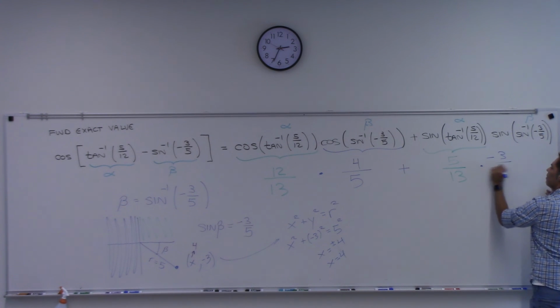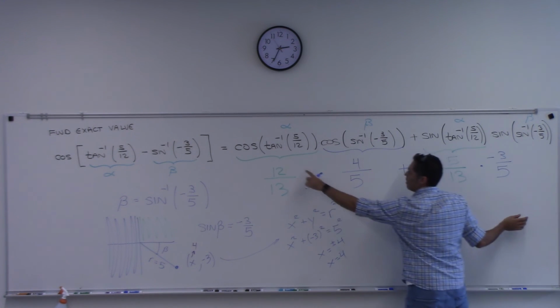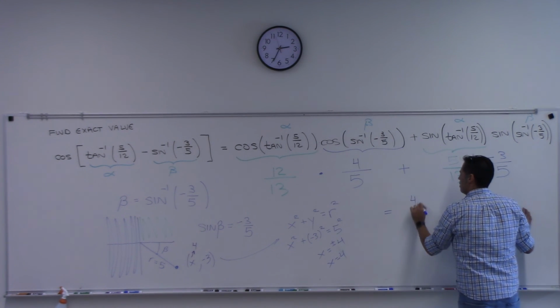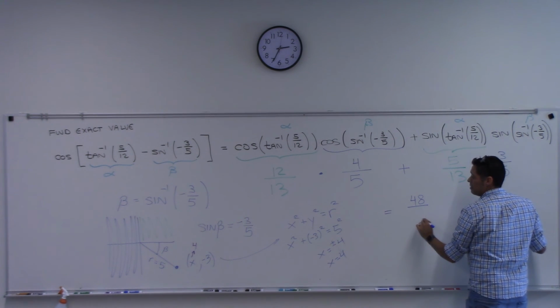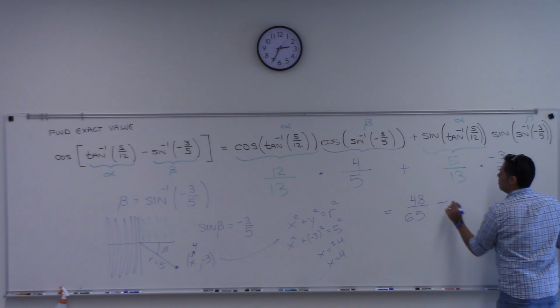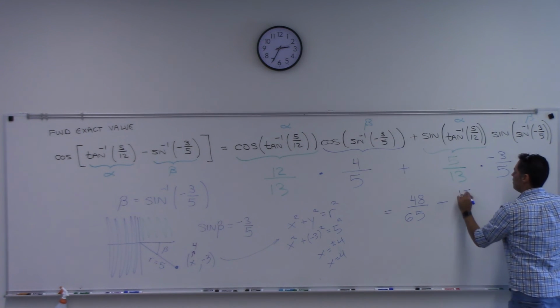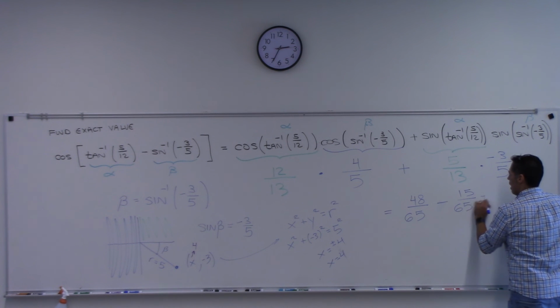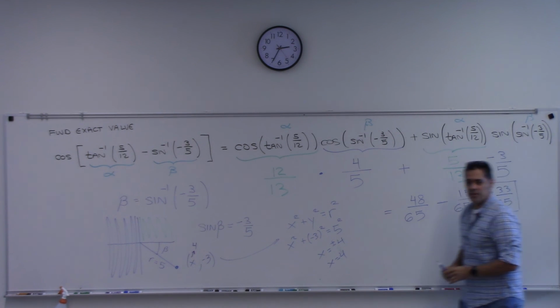And then that equals, let's multiply across, 48 over 65? I can't do arithmetic. Plus, minus actually. It'll be minus because this is going to be a negative number, right? Negative 15. So I'm going to put minus and then 15 over 65. And 48 take away 15, 33 over 65. 33/65.